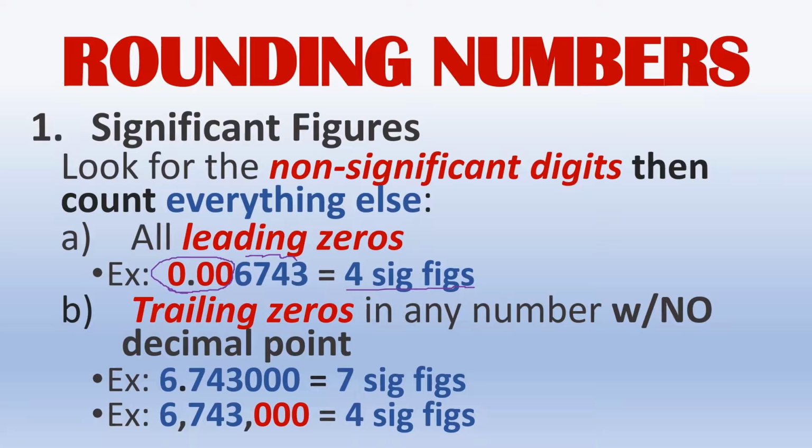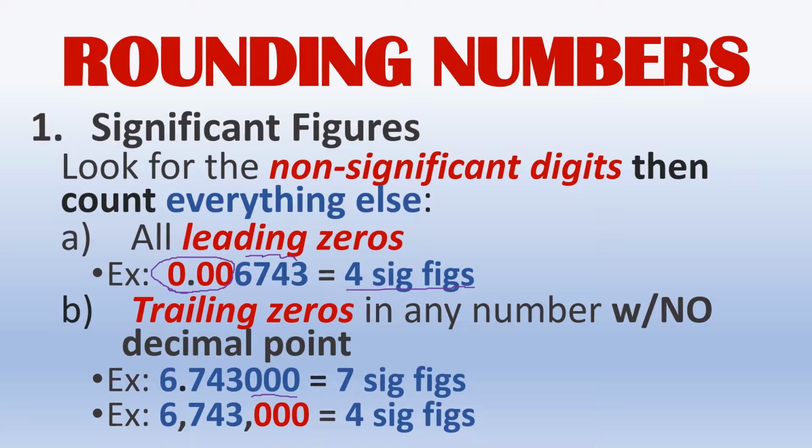The second type of non-significant digits are the trailing zeros in any number with no decimal point. Remember, the number has to have no decimal point in order for the trailing zeros to count as non-significant. For example, 6.743000 does have trailing zeros, these last three zeros, but the number does have a decimal point, so we count those as significant.